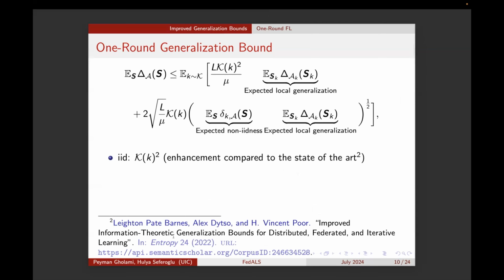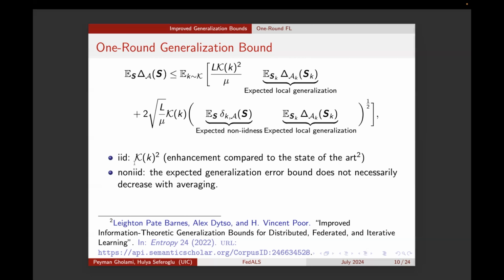In the conventional case, where we assume the weights are uniform across all nodes, we have 1 over K squared. And this is an improvement over the current state of the art, which is 1 over K. And also, we can see that for non-IID datasets, we have the expected generalization bound that doesn't necessarily improve with averaging.